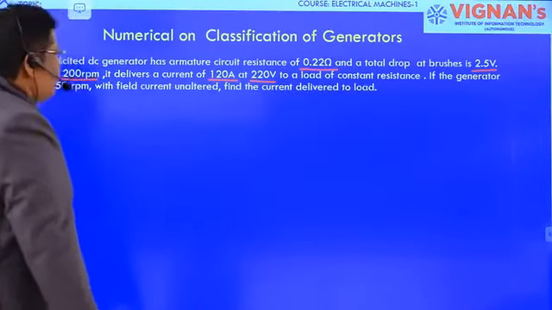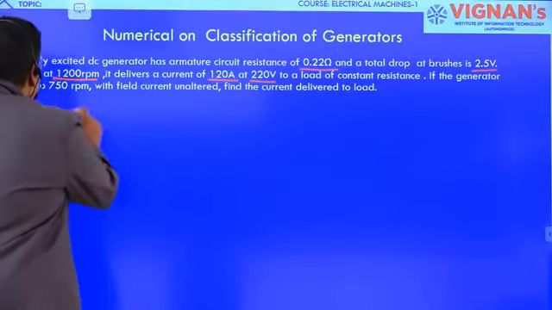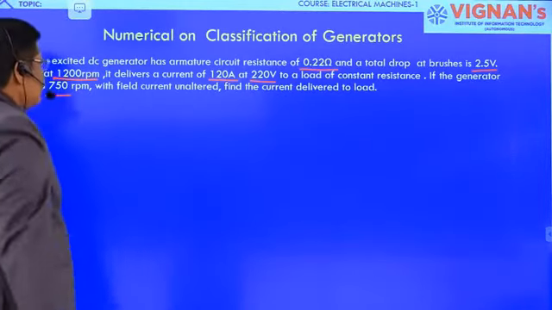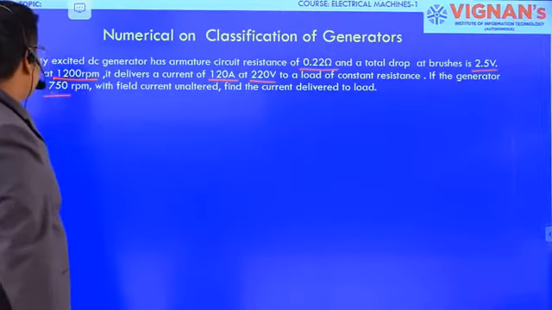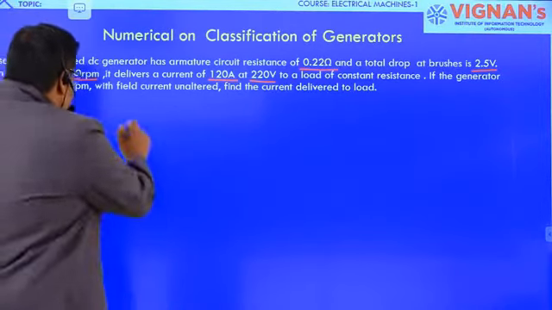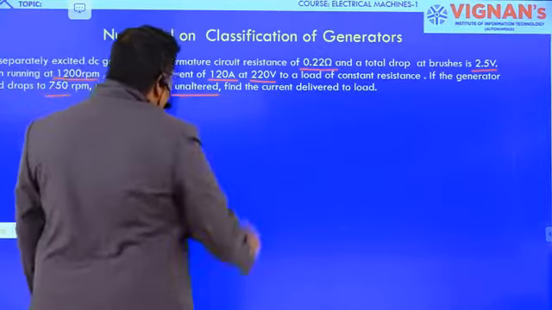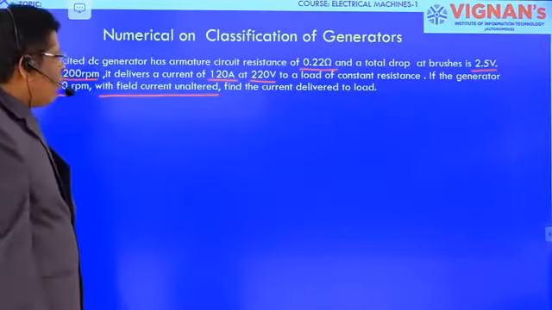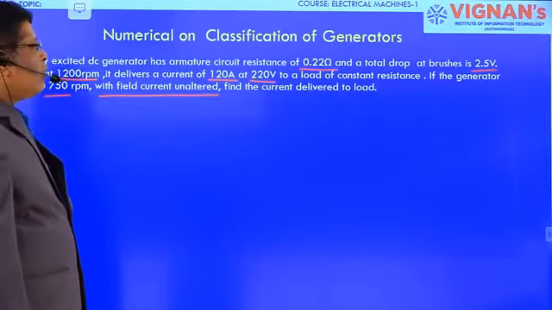If the generator speed is dropped to 750 rpm with the same field current, that is, the field current unaltered, find the current delivered to the load.